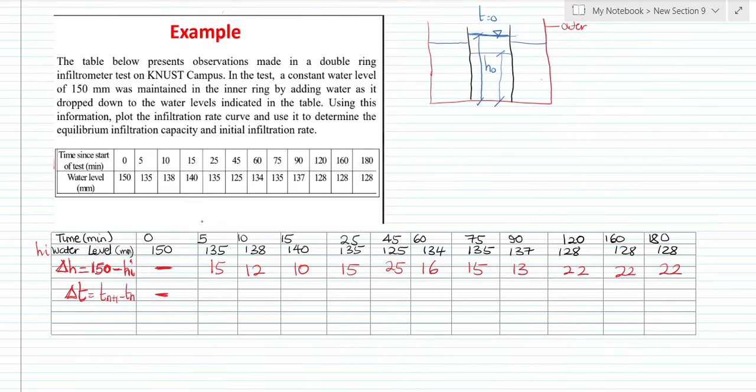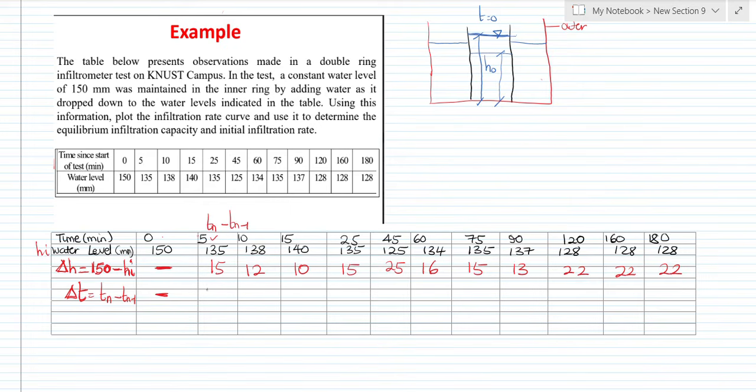But if I am here, it's going to be my Tn plus 1 minus my Tn. Sorry, it's supposed to be Tn, where I am, minus Tn minus 1. And that's how it's supposed to be. So this is my Tn minus my Tn minus 1. That is the previous time.